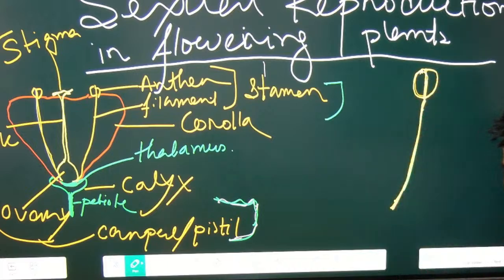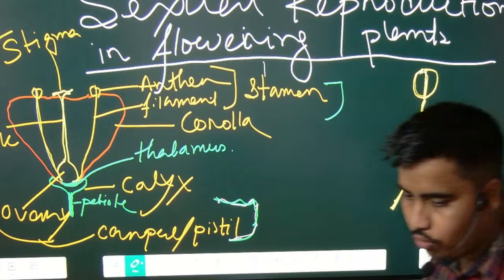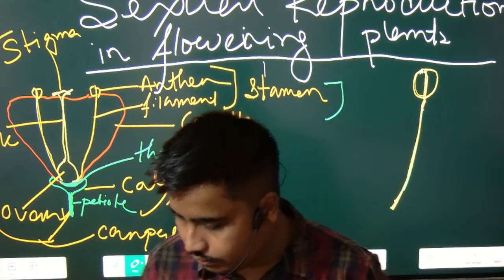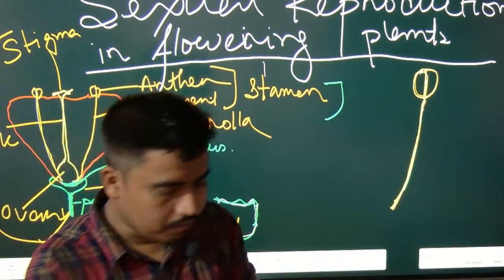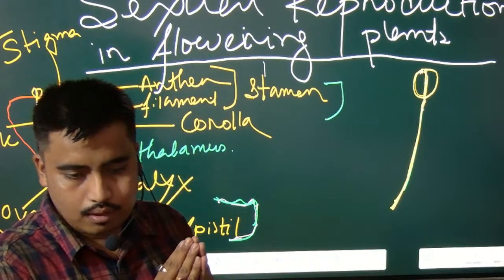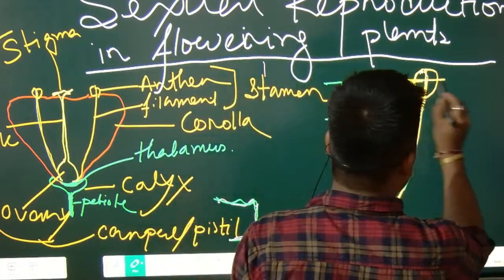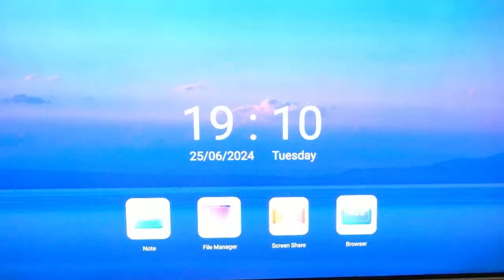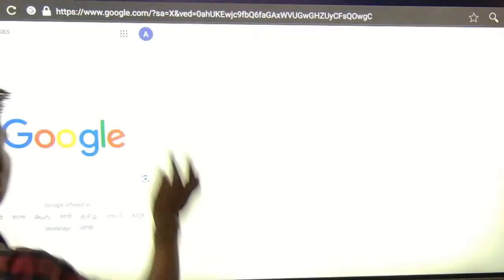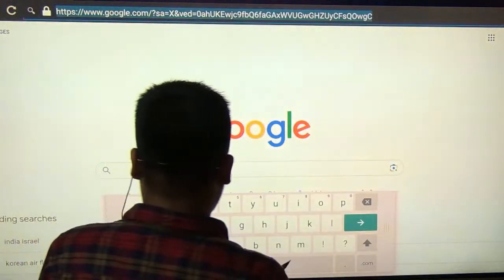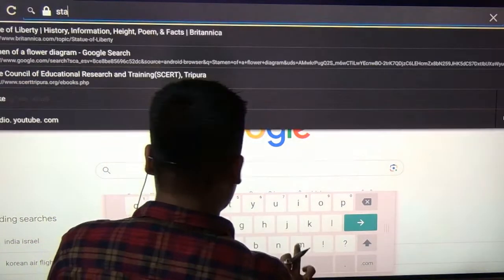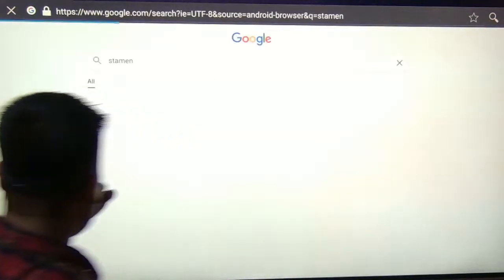Bilobed. Stamens are bilobed. Bilobed means there are two lobes like this. You can say stamens are anthers like this. Okay, so if you bisect or dissect a stamen, like what? Let's have a picture or a real image of anther.